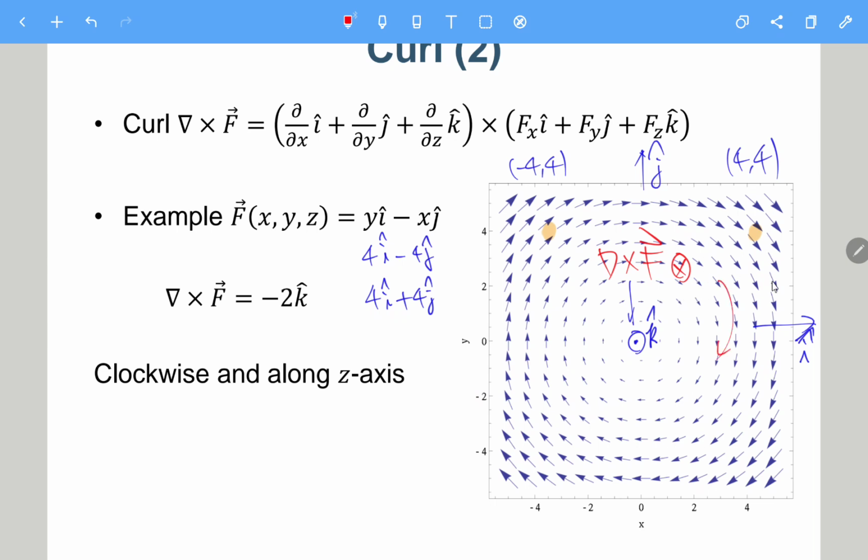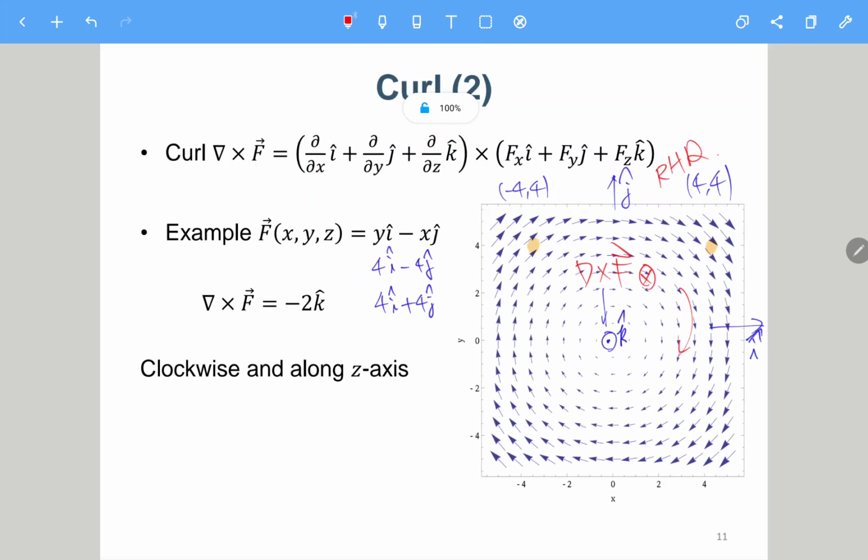It follows the right hand rule, which means that this is the rotational axis. This axis is pointing into the page, and the field is rotating around this rotational axis. So it is clockwise and along the negative z-axis. And this is the physical meaning of the curl. It refers to the rotation of the vector field.